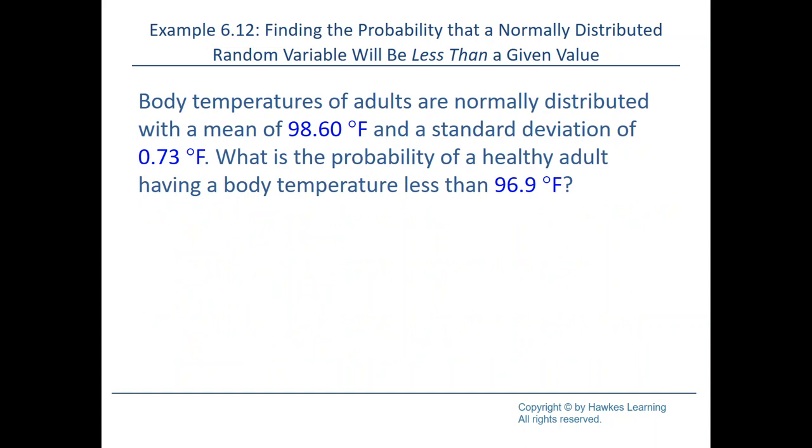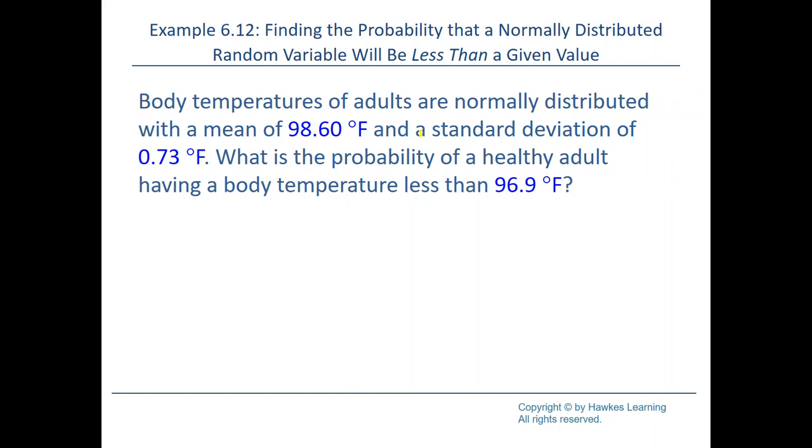The body temperature of adults is normally distributed with a mean of 98.6 degrees Fahrenheit and a standard deviation of 0.73 degrees Fahrenheit. What is the probability that a healthy adult has a body temperature less than 96.9 degrees Fahrenheit? Again, look for your keywords there.